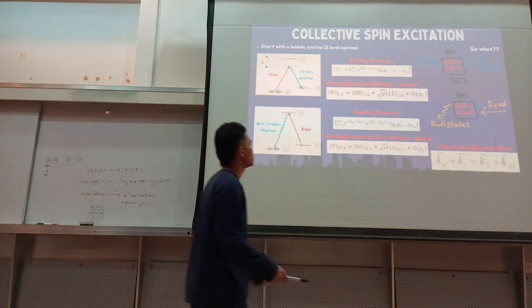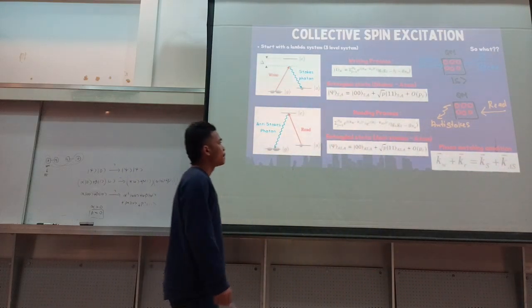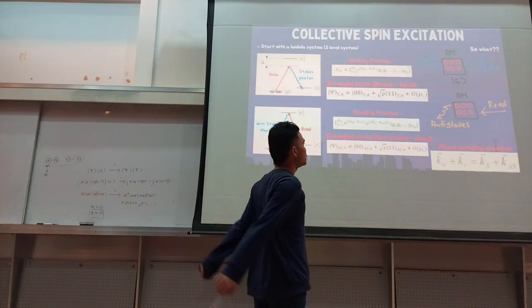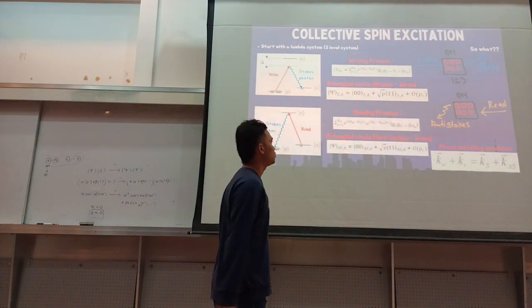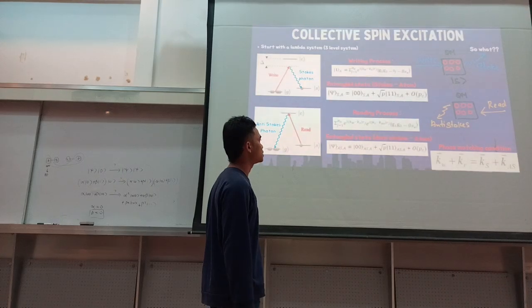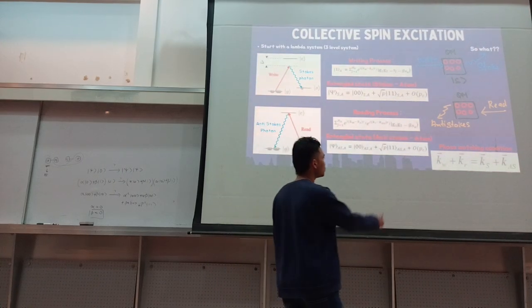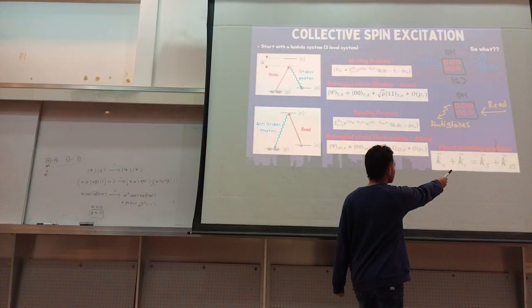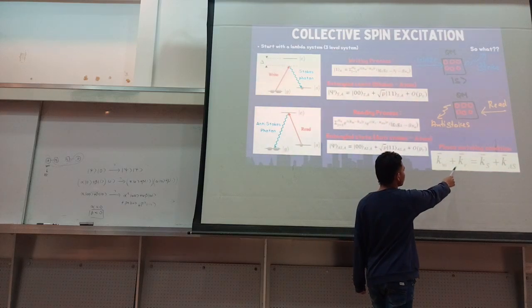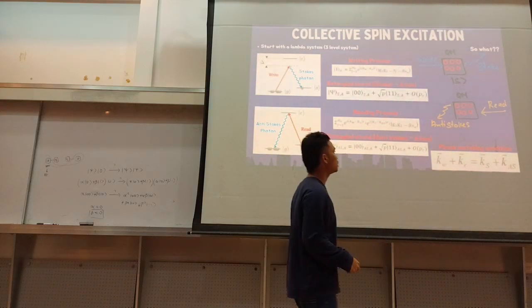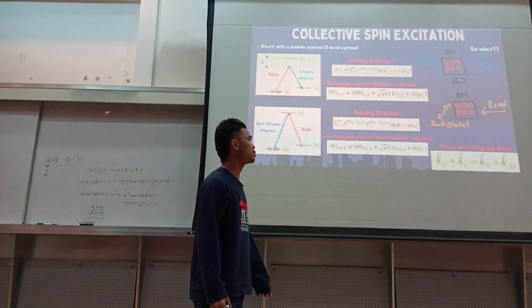That's the basic concept. Of course, it obeys the phase matching condition, kW plus kR equals kS plus kAS. This is the write pulse phase vector, this is the read pulse, S is Stokes and AS is anti-Stokes.